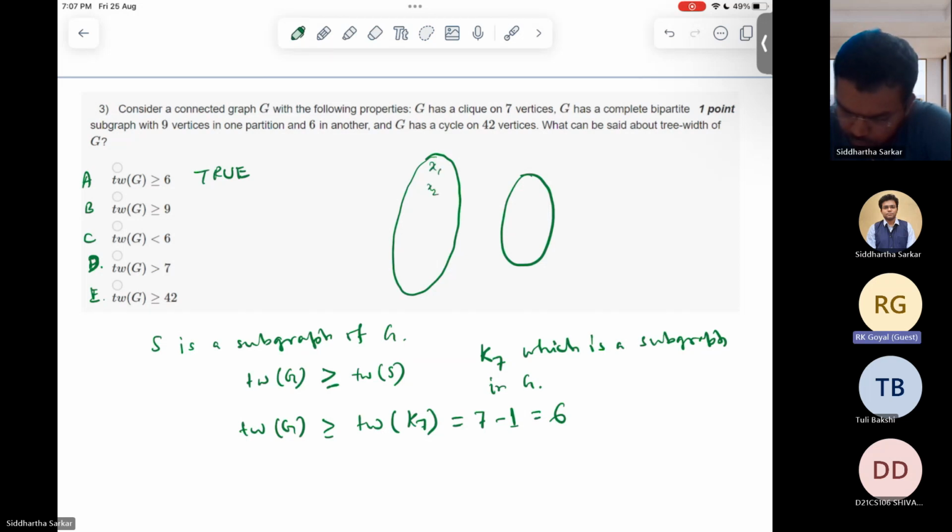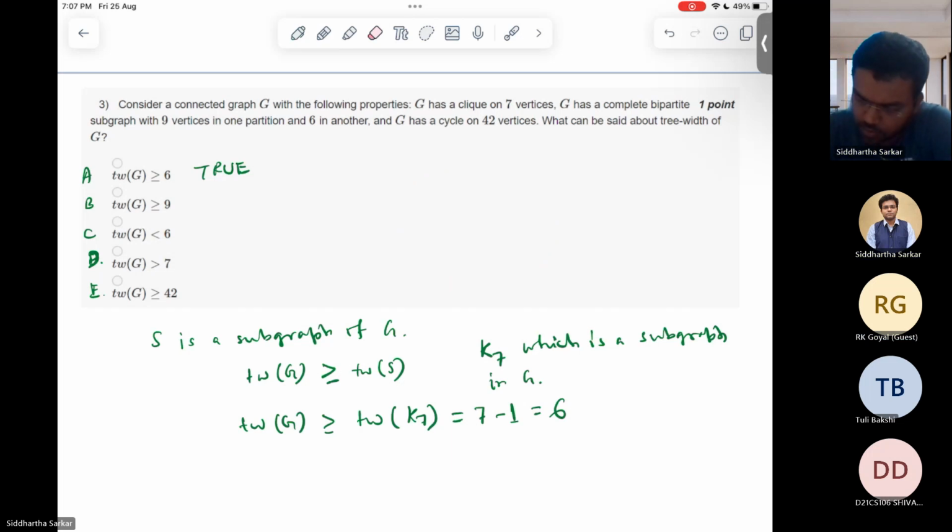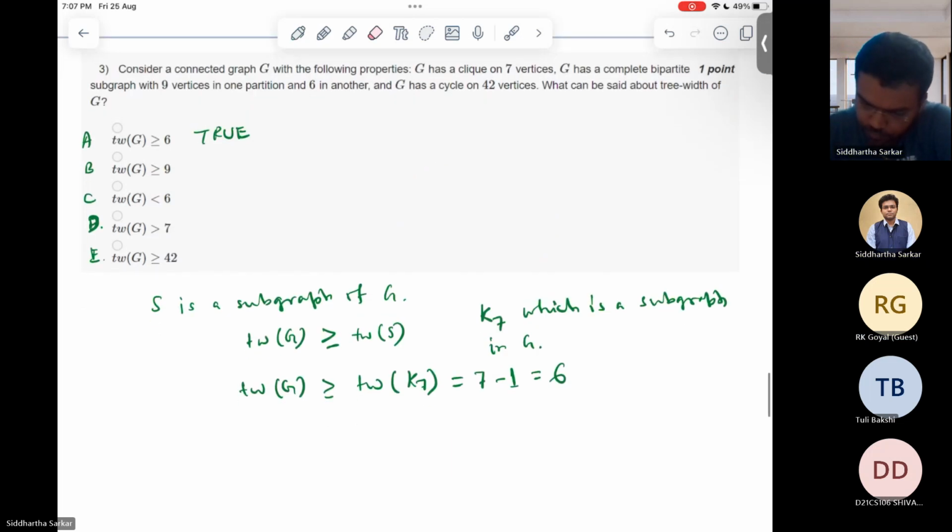But then it says that we are considering a single connected graph G which has the following three properties. Okay, let us try to see. Let us draw if such a graph can exist. Let me make it bigger, we'll draw it below.